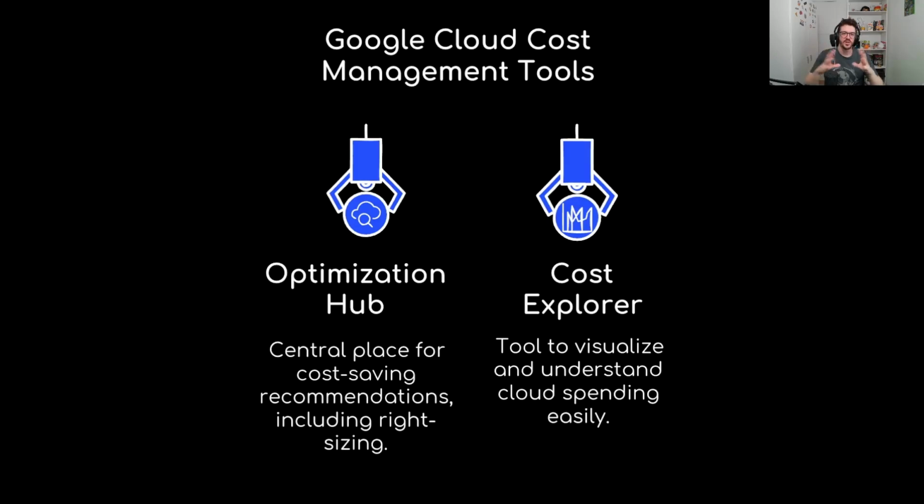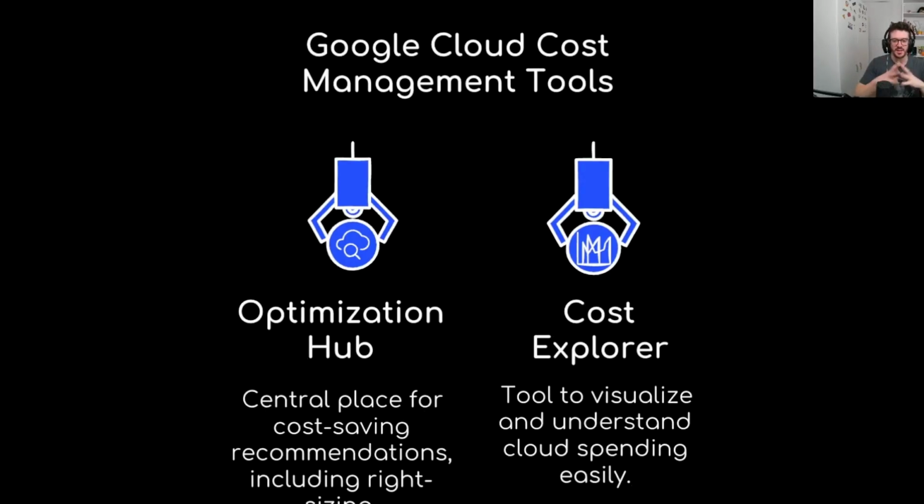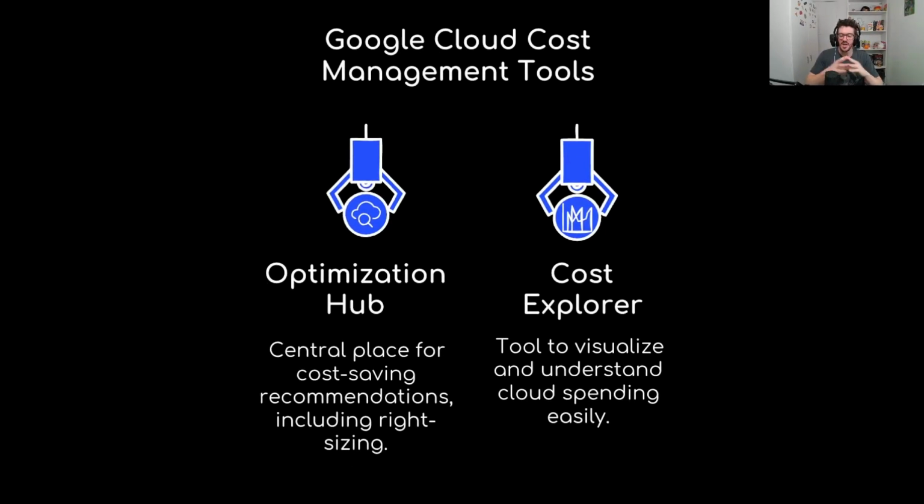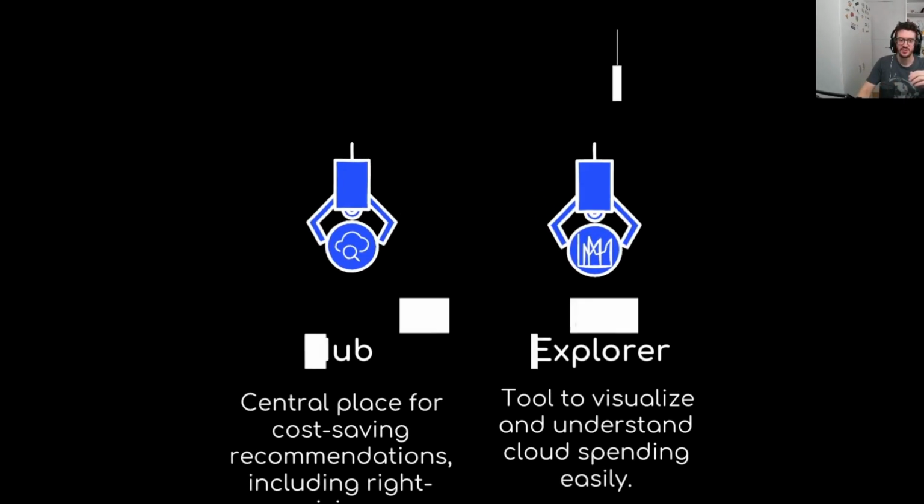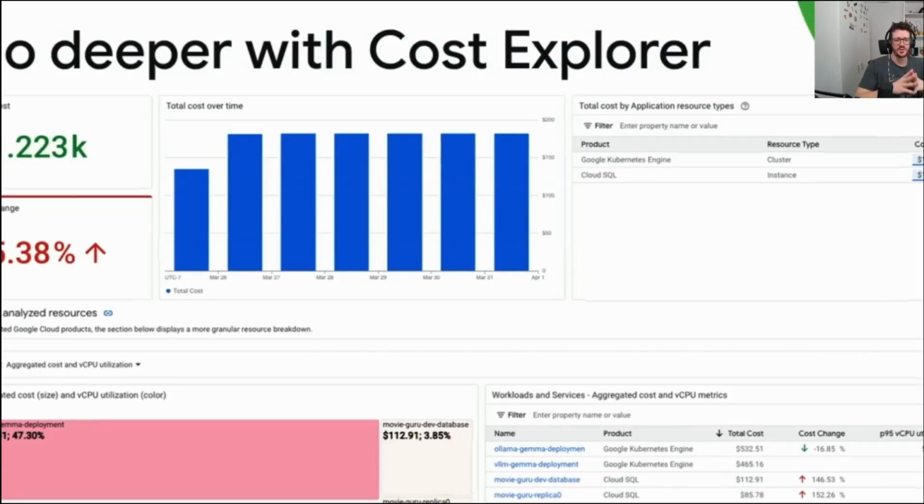And the Cost Explorer is more of a showback tool, visualization tool, where you can see costs aggregated by infrastructure KPIs such as CPU, memory, specific services that are costing you more money, and anything that has to do with showback and visualization.